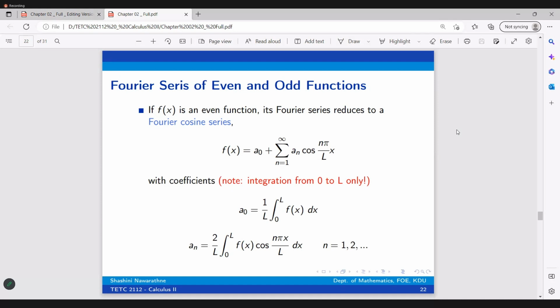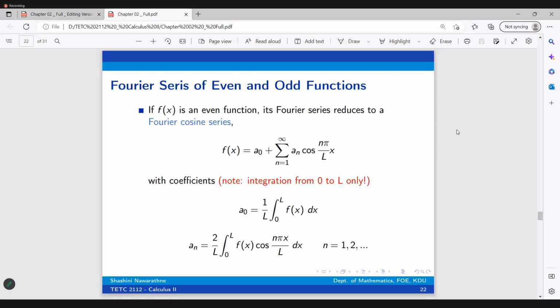If we can show that the given function is an even function, then we only need to find a0 and an. We don't need to find bn, because bn is equal to 0 for an even function.